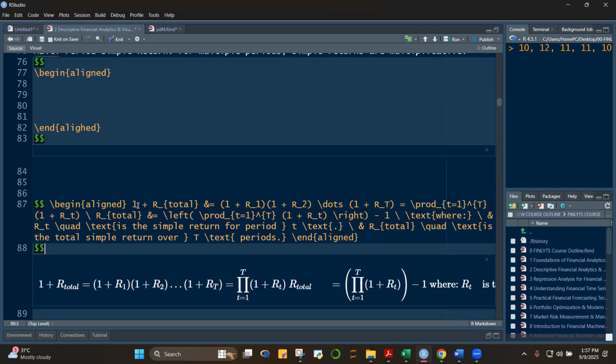So let's start with this. So we have 1 plus r underscore total. Notice that the subscript is total. Okay, we can't put this under text, otherwise we will not be able to write total as a subscript. So let's do that, class. Let's already begin with the ampersand. So 1 plus, and put a space there, 1 plus r underscore caret total. Okay.